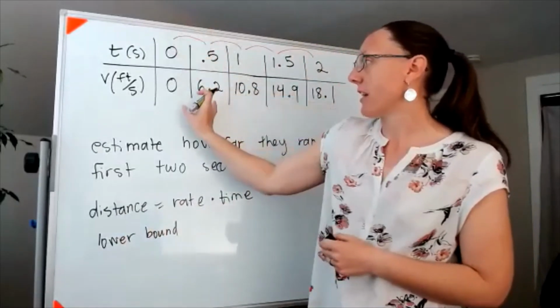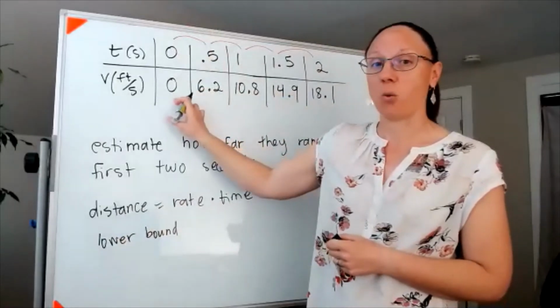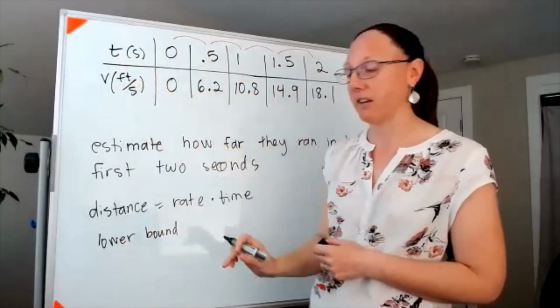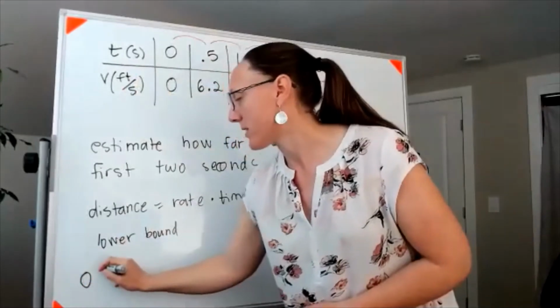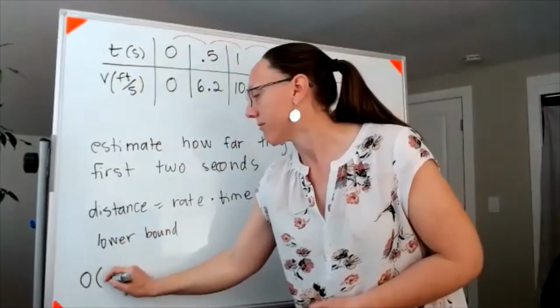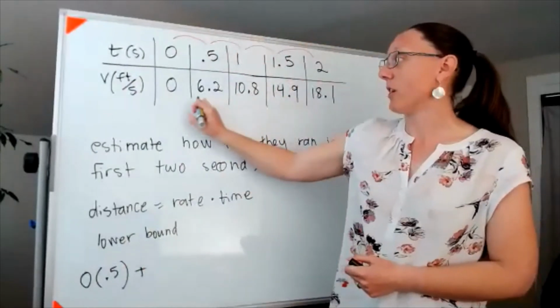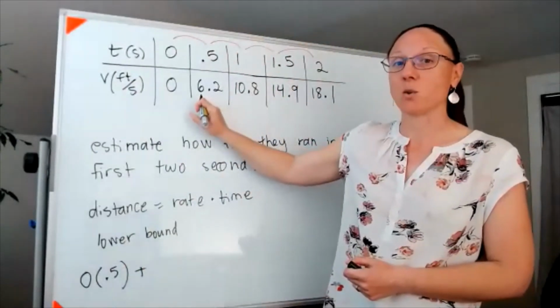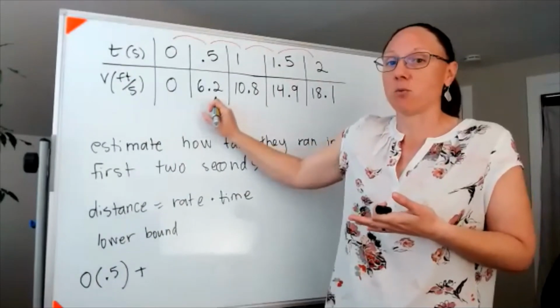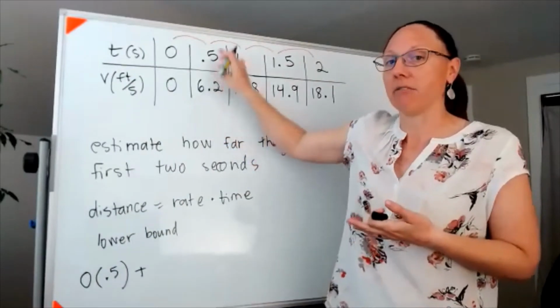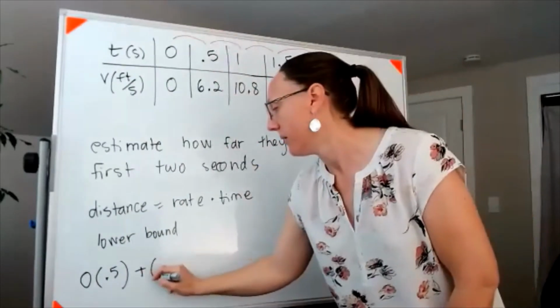In that first interval, I'll assume the slower rate, 0 feet per second, for the first half second. In the second interval, I'll continue to use the lower rate, so I'll pretend that she was running at 6.2 feet per second for that next half second.